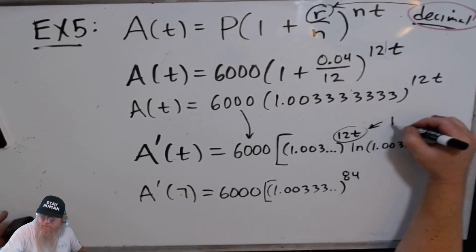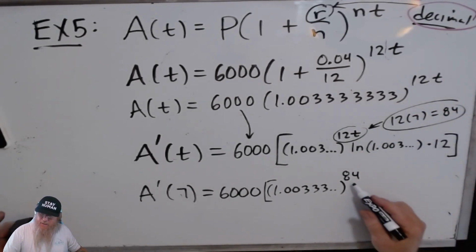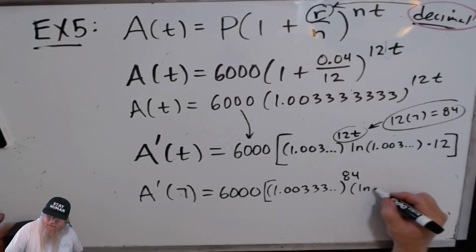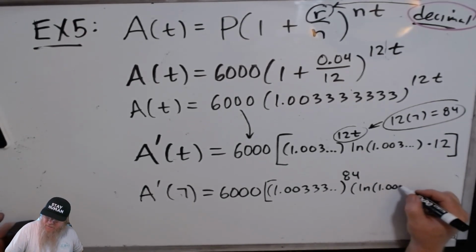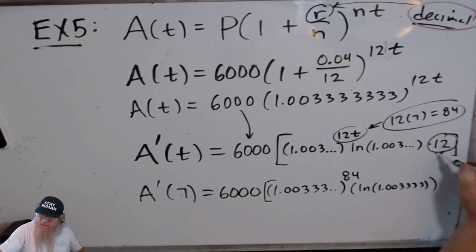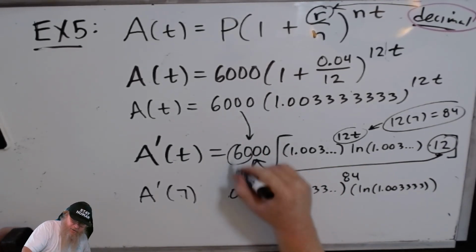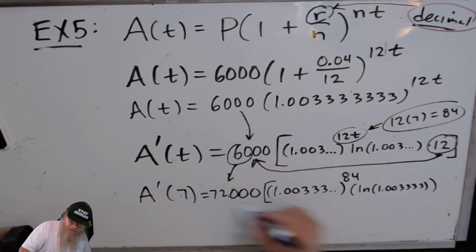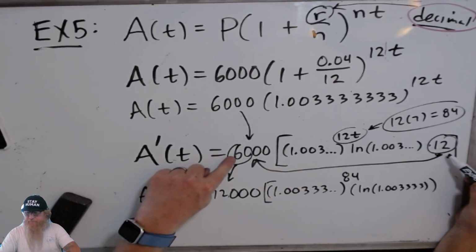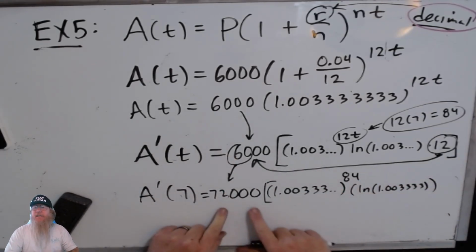Yeah, 12 times 7 is 84. ln of 1.0033333333. And let me show you a trick. This 12 can come out here, and we'll just change this to 72,000. 12 is a constant, so it comes out in front here.